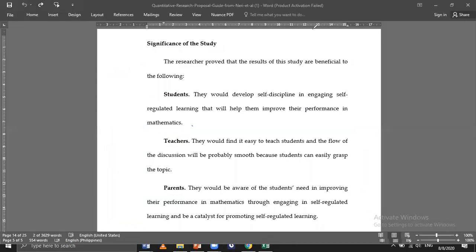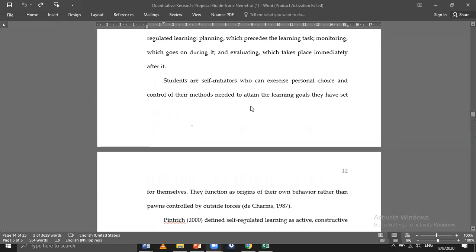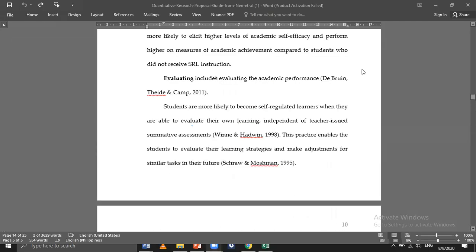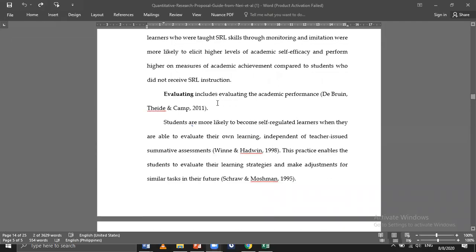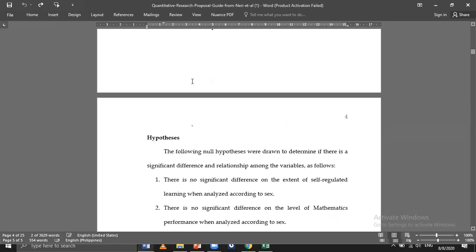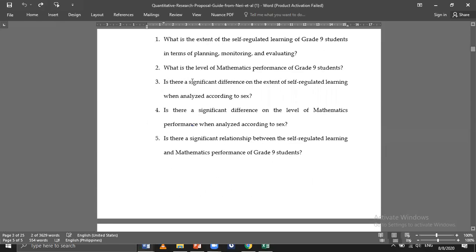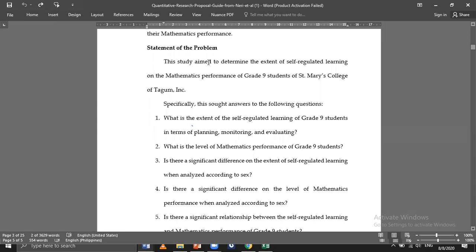Okay, so next is this. Let's go back to the statement of the problems. Same, the subheading should be bold, with the first letter capitalized.